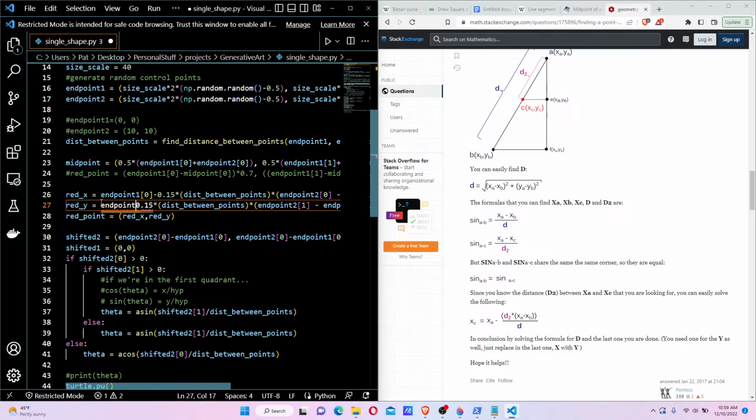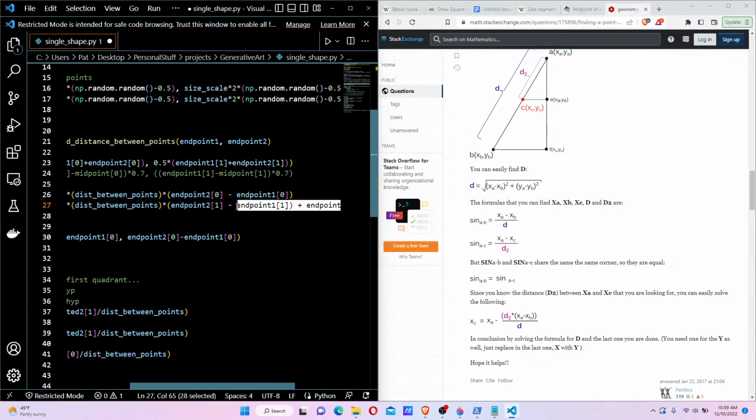So then endpoint 1 of 1 minus, and then take off that term at the end.